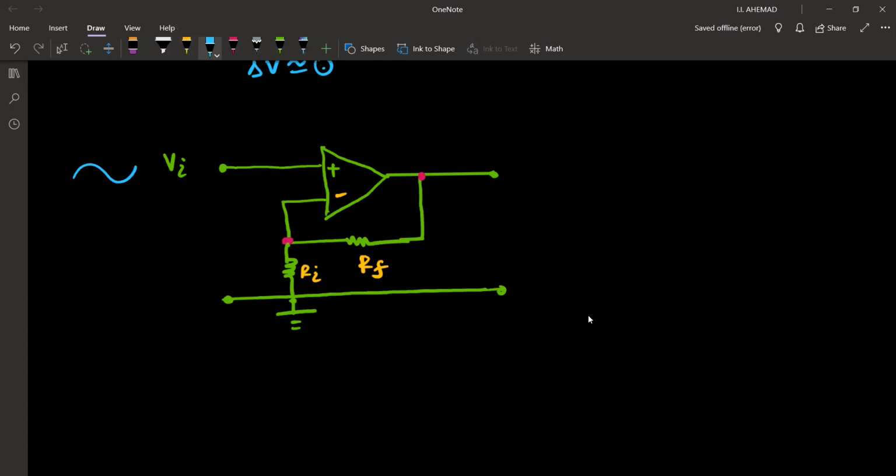When it goes through this amplifier, it gets amplified a lot, a larger wave. And when it goes through this feedback resistor, now it becomes a smaller wave, but its direction didn't change. Remember, its direction didn't change because it is non-inverting.